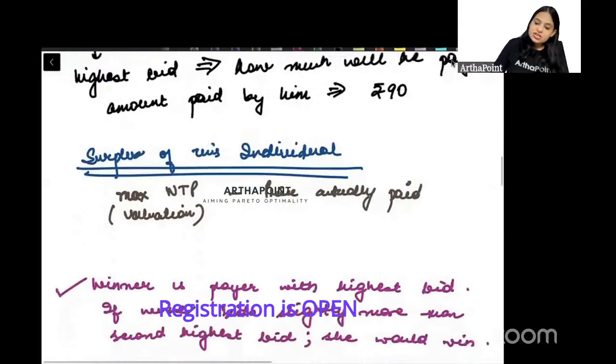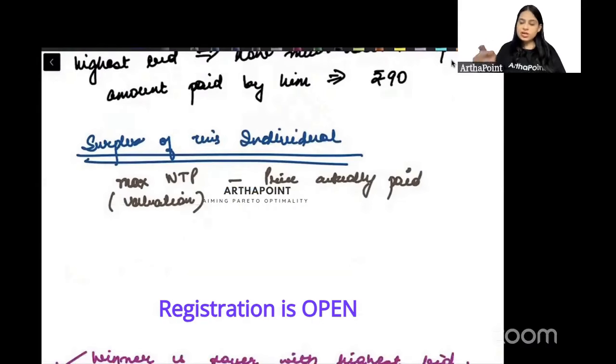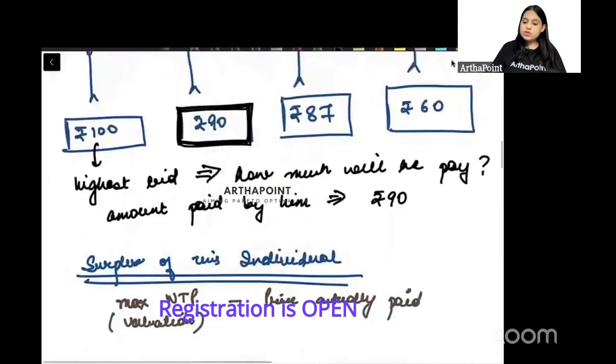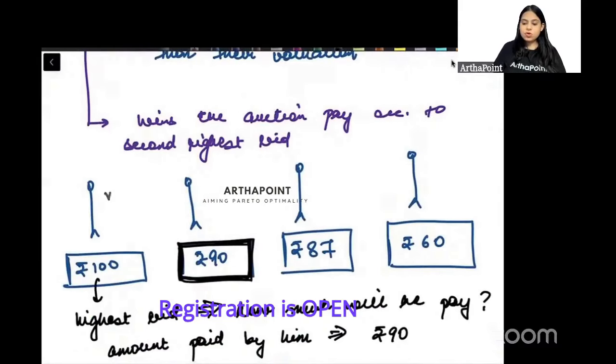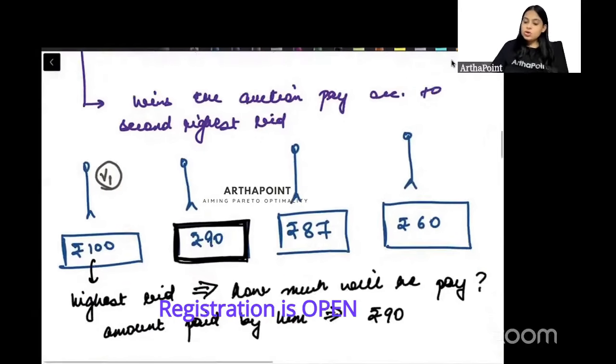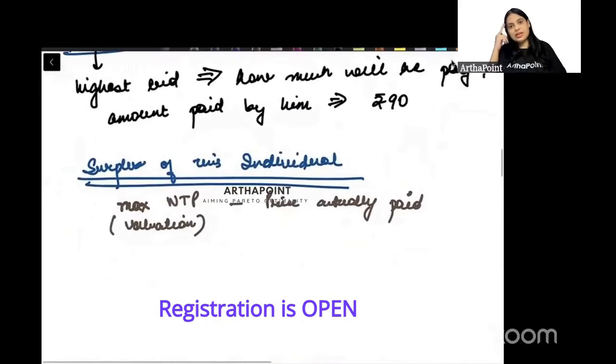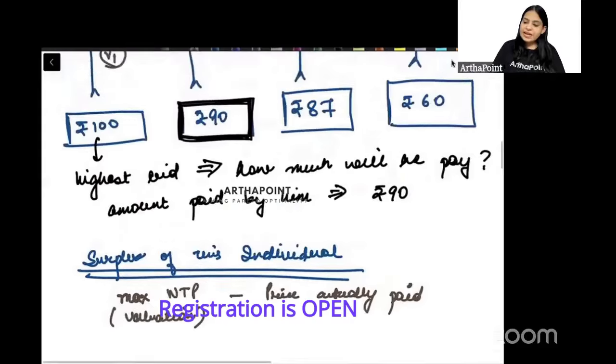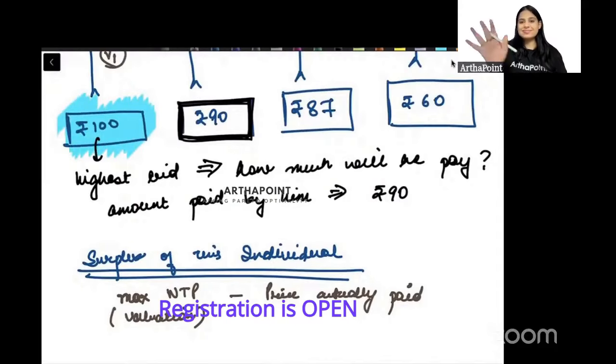So for this individual who is winning, suppose individual 1 has won and his valuation was V1. Suppose in his mind he was thinking, boss, this painting is worth 150. What bid he wrote does not matter. Please think about it; for now it does not matter what bid he has written.